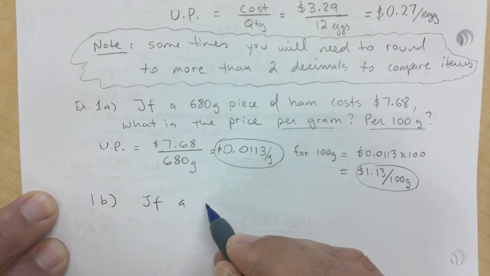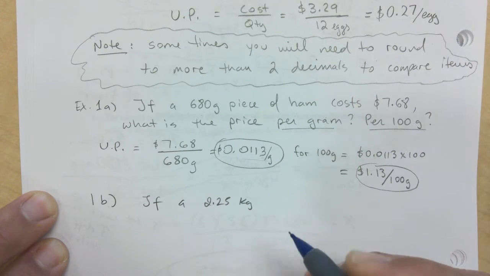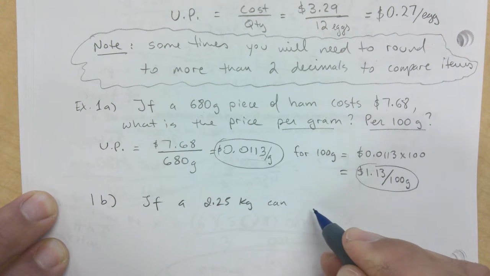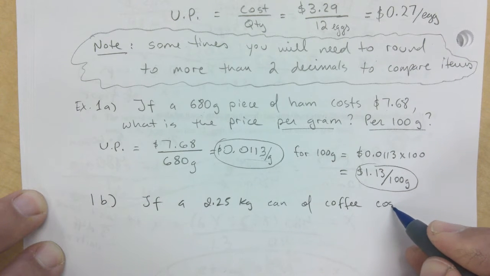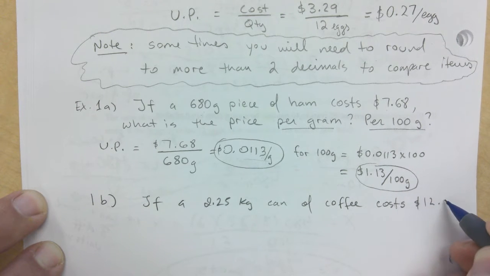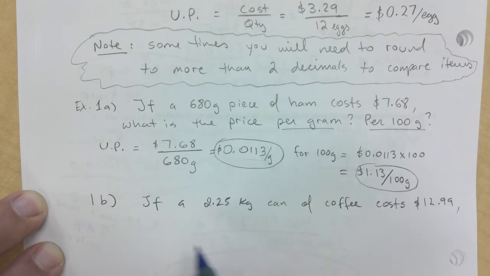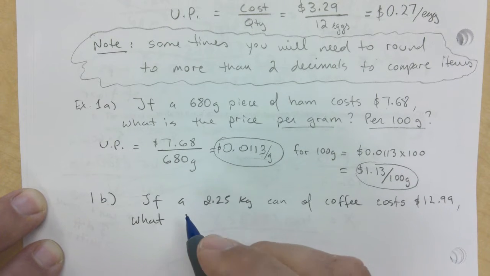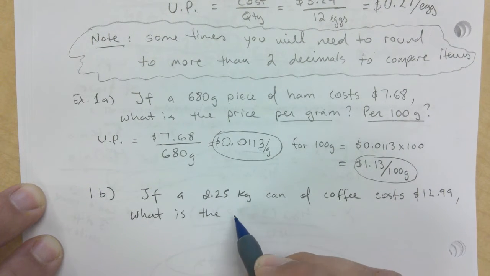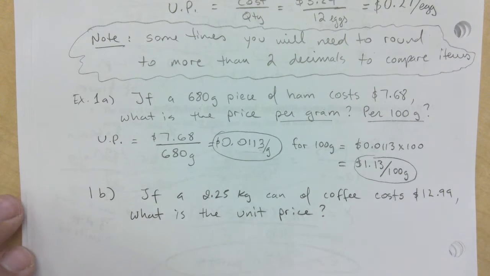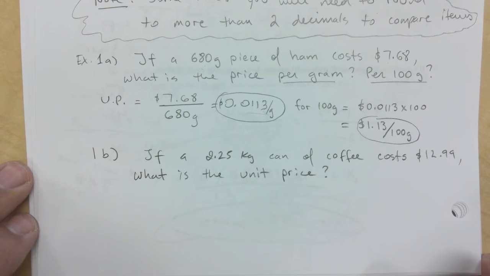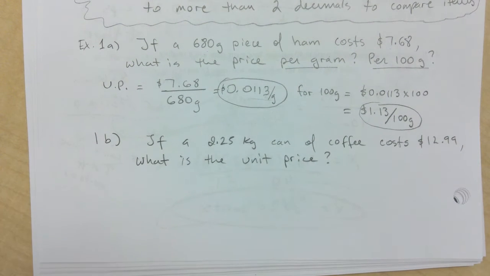If a 2.25 kilogram can of coffee costs $12.99, what would be the unit price?